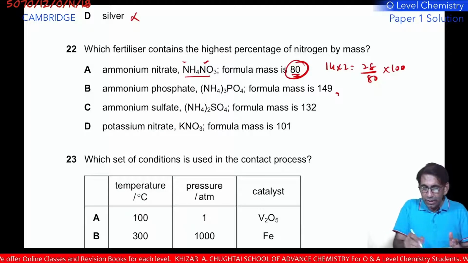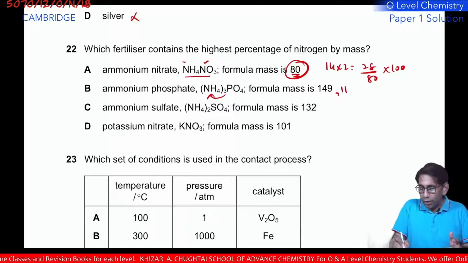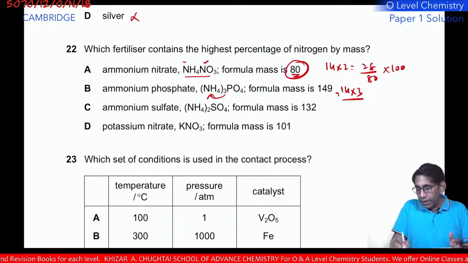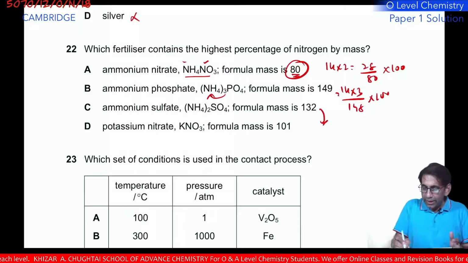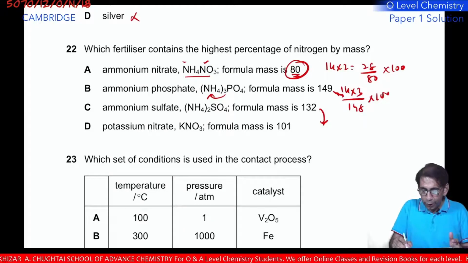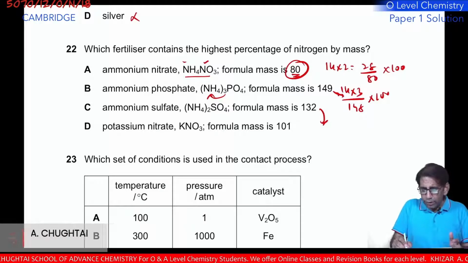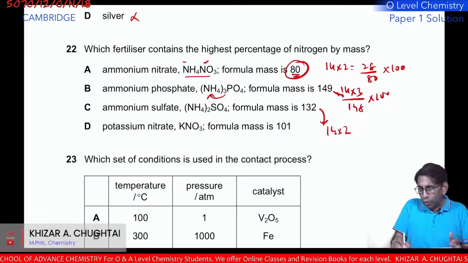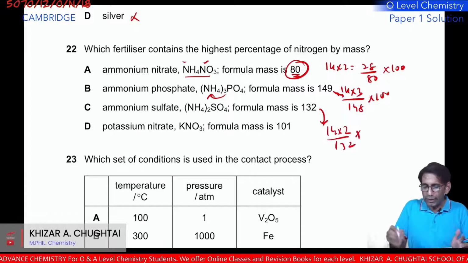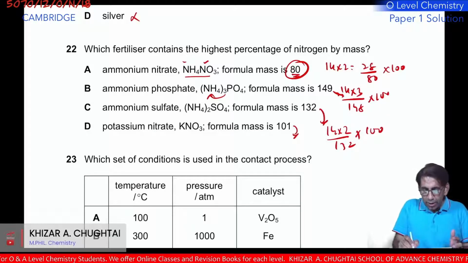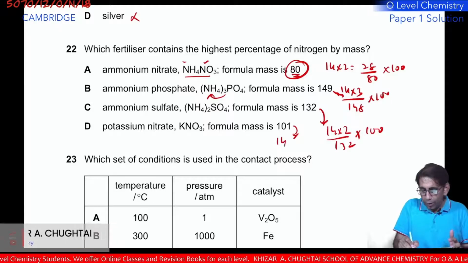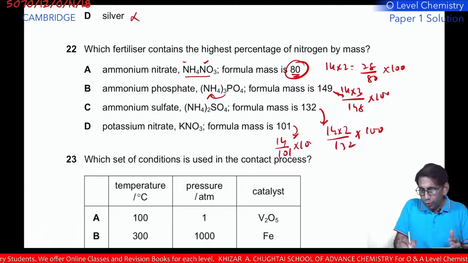In this case, 3 nitrogen atoms are there: 14 into 3 divided by 149 into 100. In this case, 132, 2 nitrogens, 14 into 2 divided by 132, that is the total mass. In potassium nitrate, there is only 1 nitrogen over 101 into 100.